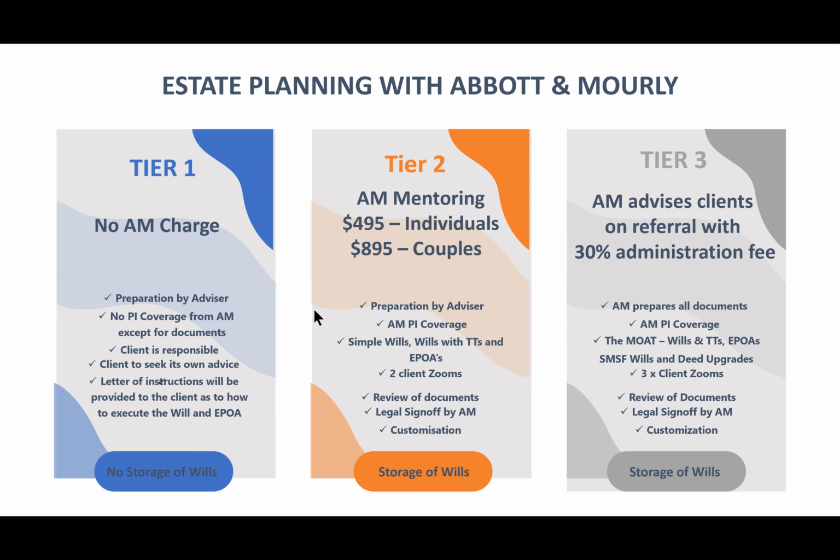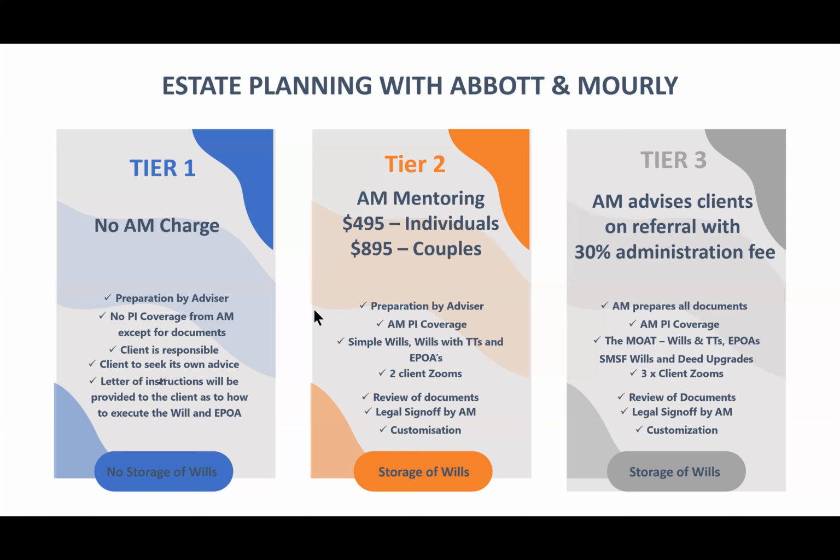Sorry, go on. No, that's all right, mate. Just with the Tier 3 aspect of it. The advisors that I deal with basically are on that Tier 3 because they may be a one or two partner firm, which really haven't got the time at the end of the day. Yeah, we find that's usually the issue.